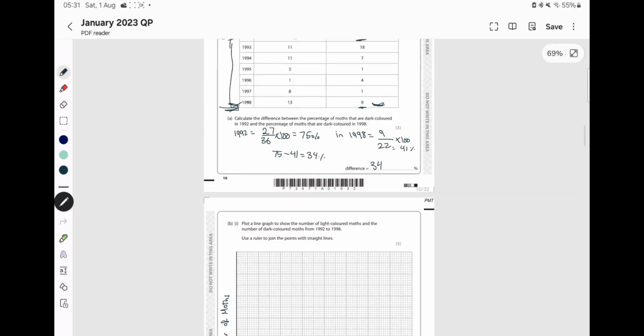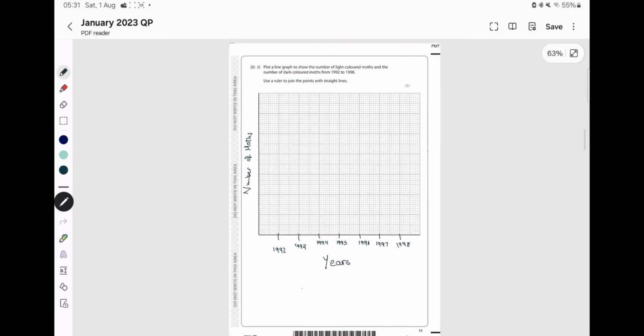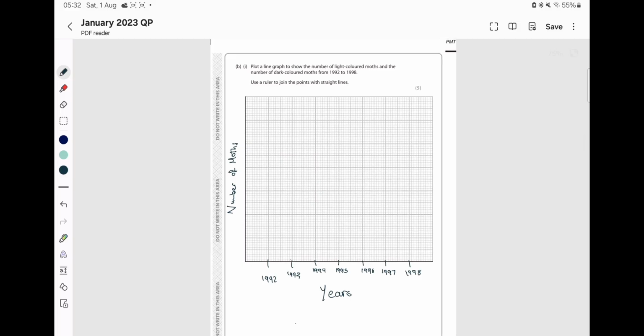We're going to plot the number of moths. When doing this, you want to look at your table and at the highest value you're given. That's going to be our top. If you look here, our highest value is 27. So we need to scale the y-axis with our maximum being 30 or something close to that, because we don't want to make the scale too short.